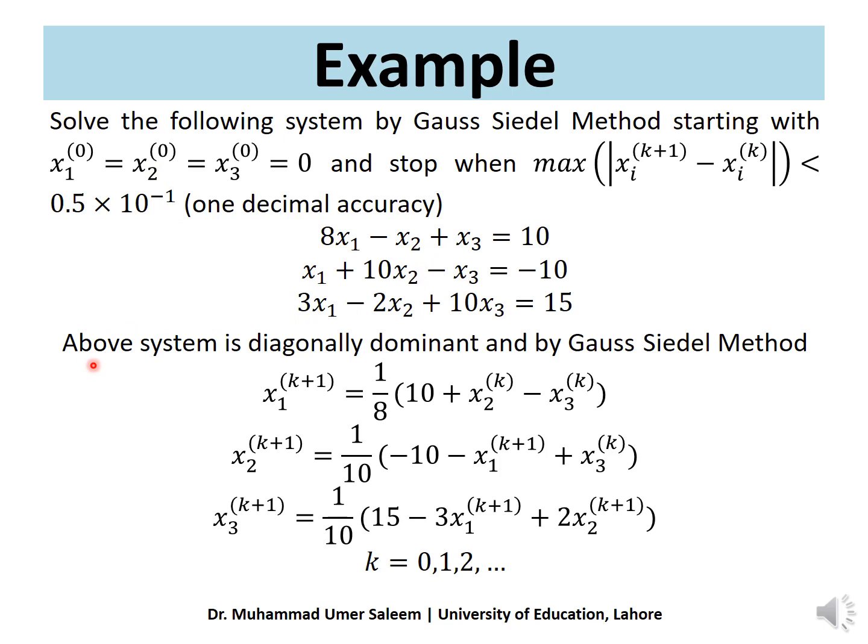So the above system, if you look, is diagonally dominant. So for the Gauss-Seidel method, from the first equation you will generate the equation for x1, from the second for x2, and for the third you will use x3. We take different values of k starting from 0 to get the iterations for the solution.